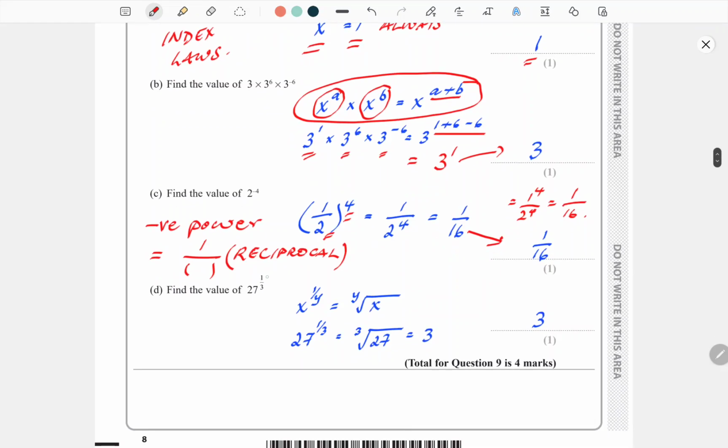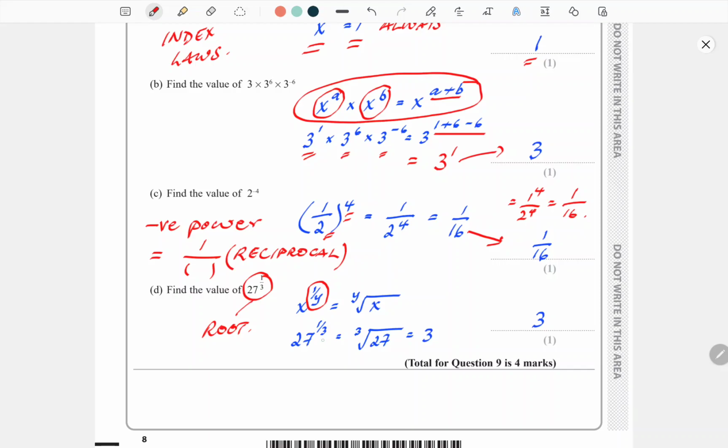For those of you who've forgotten what a fractional power is, just to illustrate, x to the power 1 over y. Fractional power means it's a root. Not just a straightforward square root, but it's like the y-th root of x, for want of a better expression.